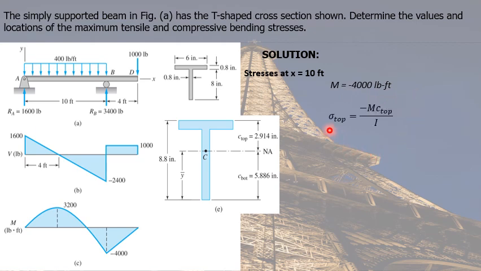To compute the bending stress at the top of the cross-section, we have negative m c top all over I, where m is the moment, C top is the distance from the neutral axis to the top of the cross-section, and I is the moment of inertia of the whole cross-sectional area about the neutral axis.